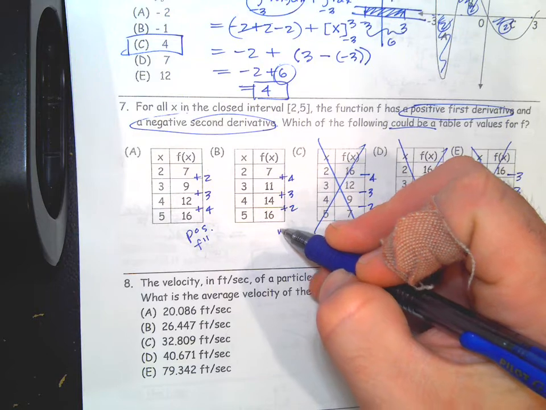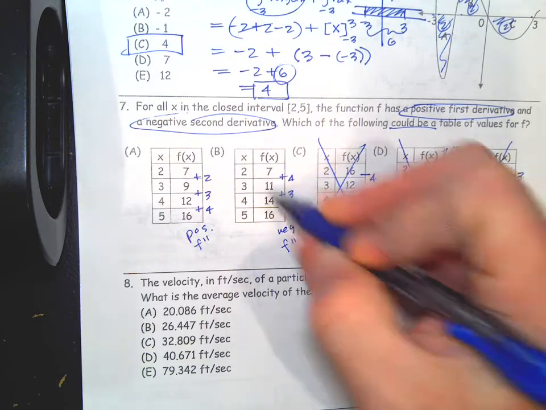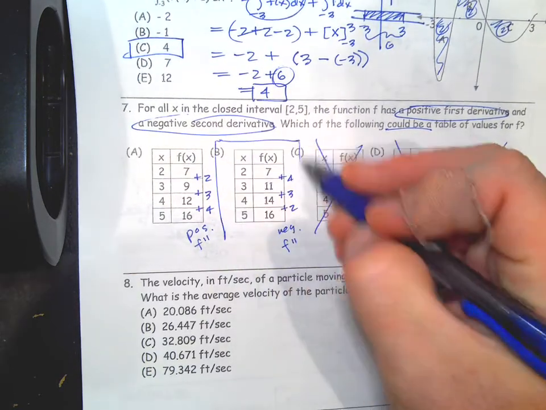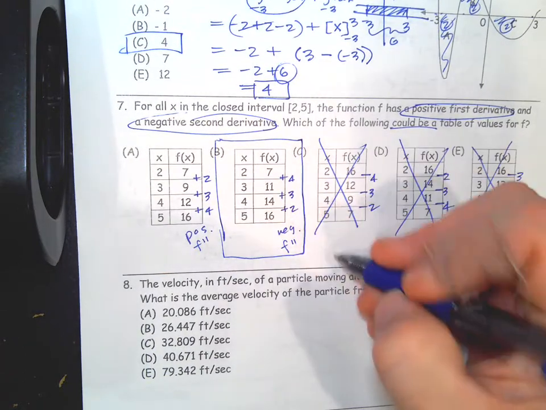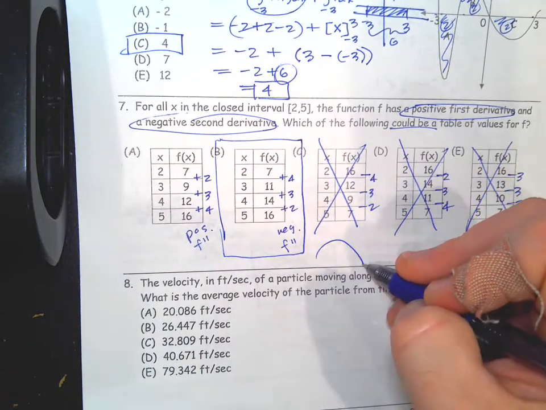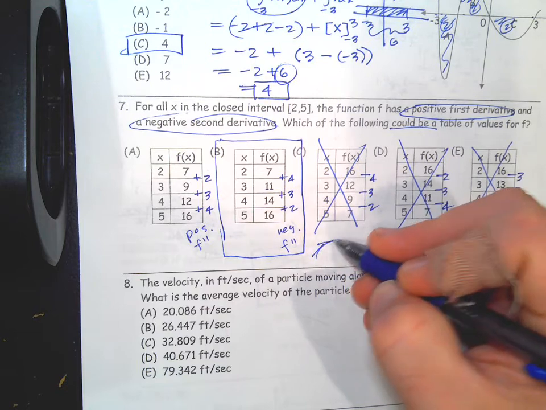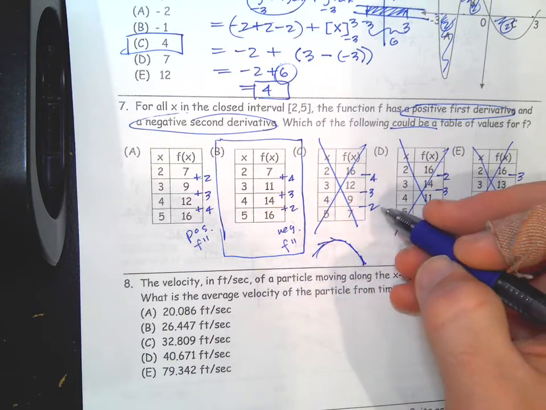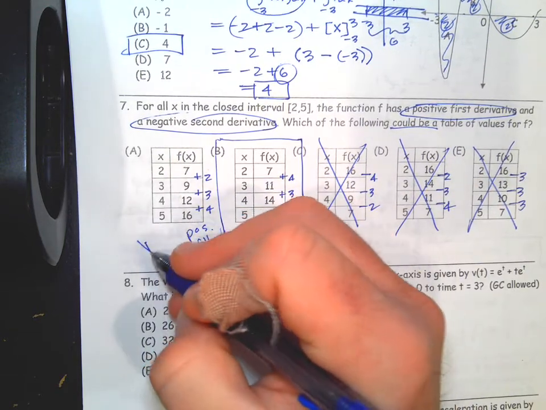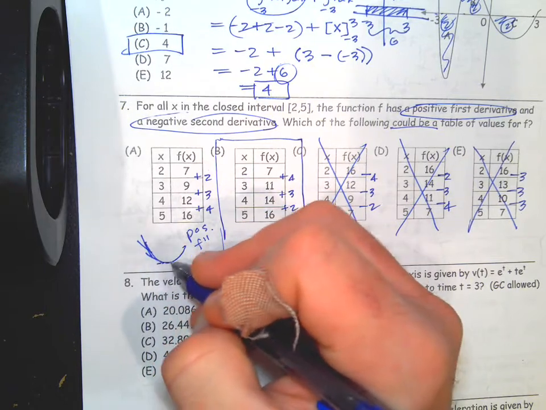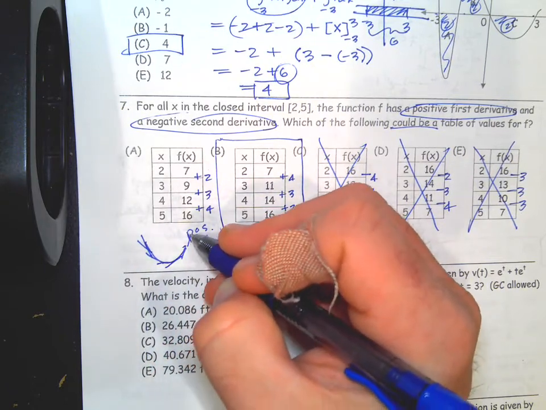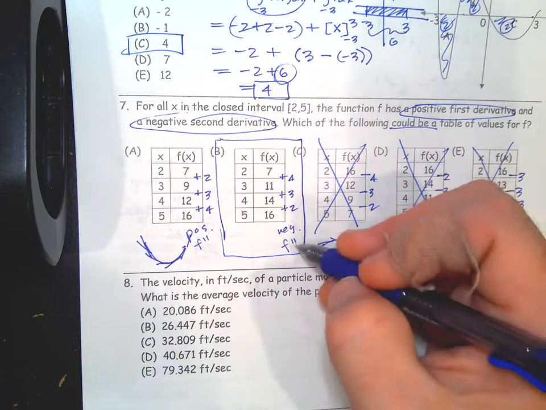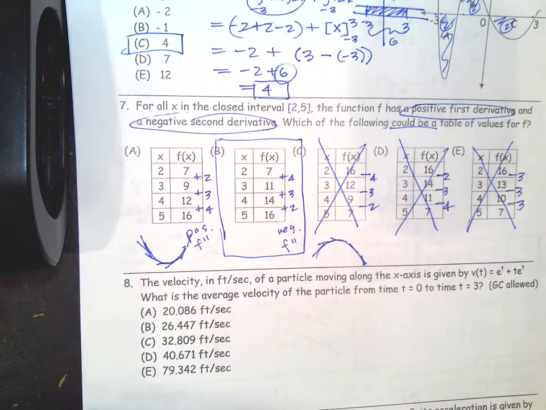So this is a negative second derivative. Concave down, it's getting less and less steep. So remember, negative second derivative is concave down. That means the slope is getting less and less, and even maybe more negative. Concave up means the slope is getting less and less negative, more and more positive, bigger and bigger. Okay, so the answer is B.